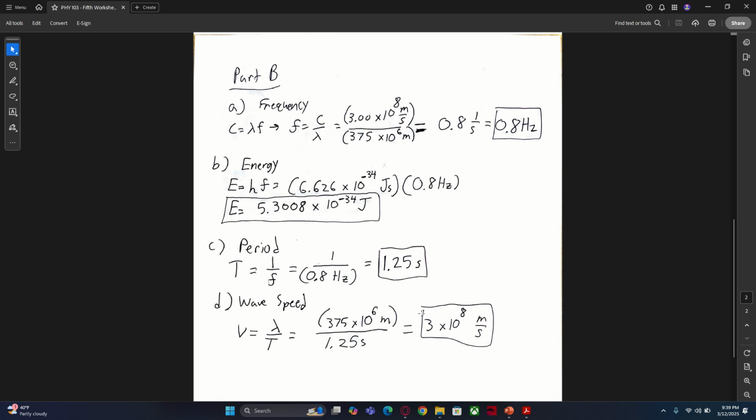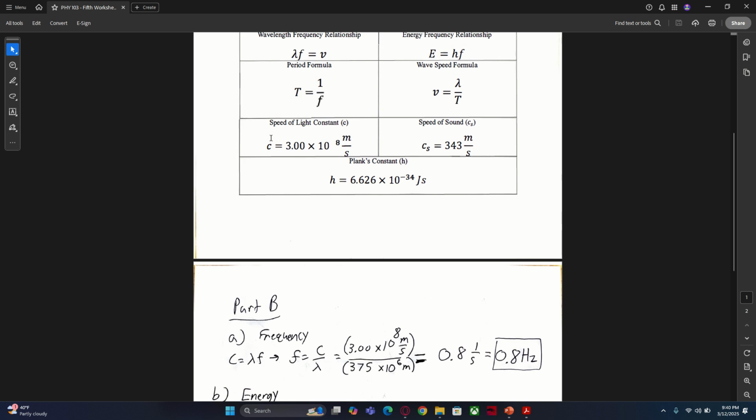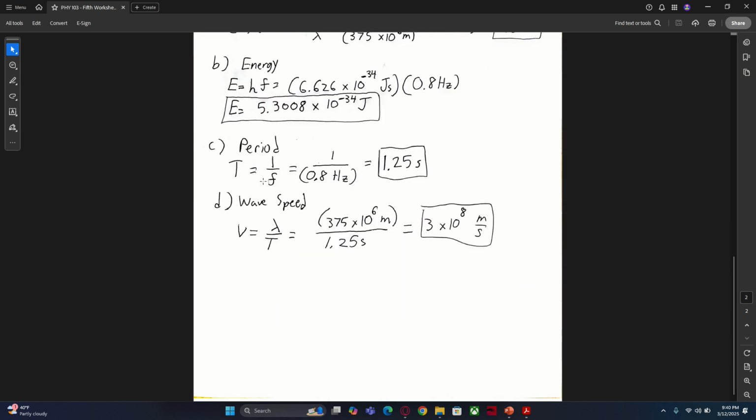Now, based off of rounding choices, this might be close to 3 times 10 to the 8th, and if it's realistically close and your math is pretty understandable, then most likely I'll consider that a correct answer as well. But this part, subpart D, was just a little check to make sure that the answer we got for speed is what we were using all the way at the start, just to make sure that all of our answers were going as they should.